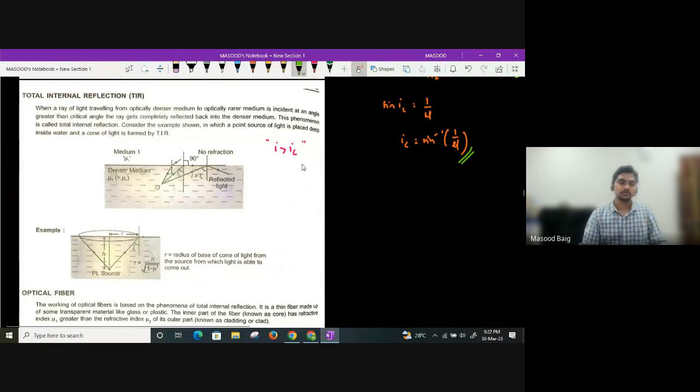Is that clear? Here, if the angle of incidence is less than the critical angle, will total internal reflection take place? No. No total internal reflection if the angle of incidence is less than the critical angle. If the angle of incidence is equal to the critical angle, will total internal reflection take place?